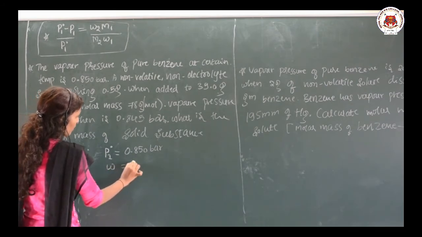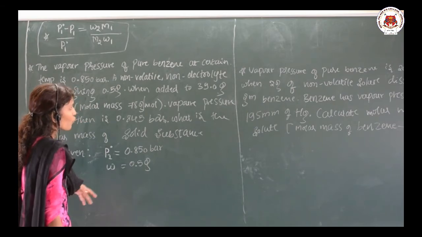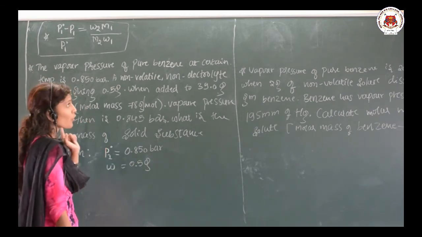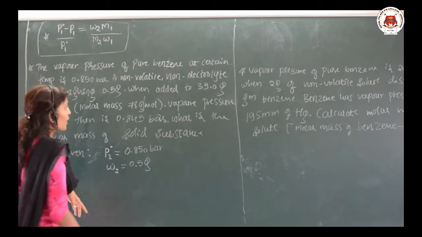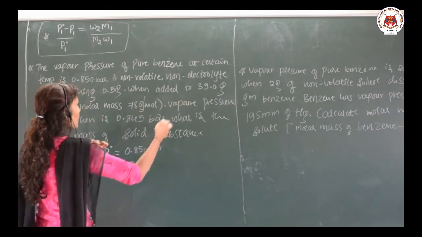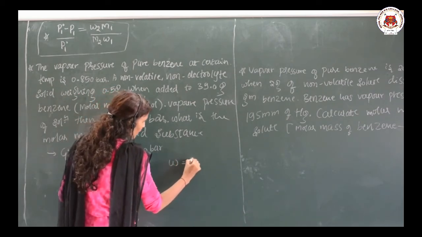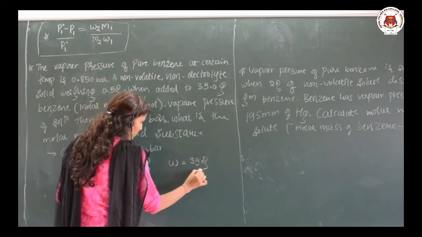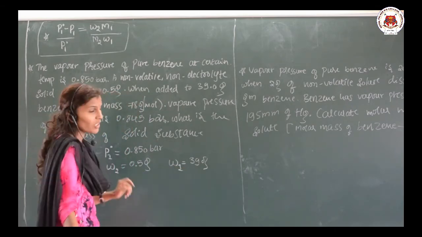Whether it is a solute or solvent, it is the solute. For solute, we are going to take the number 2, and then when added to 39 gram of the benzene, that is also weight, that is 39 gram, that is W1, because 1 is for the solvent.